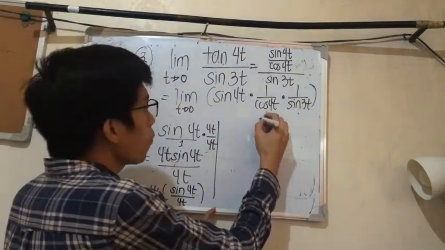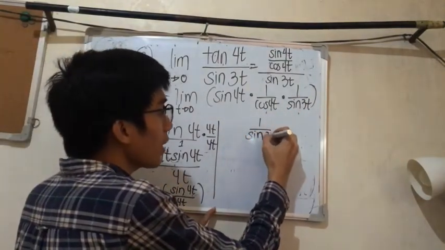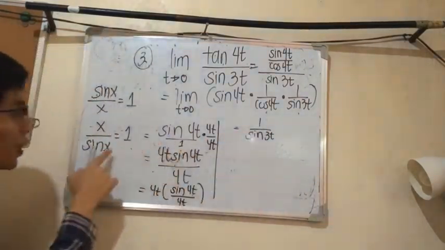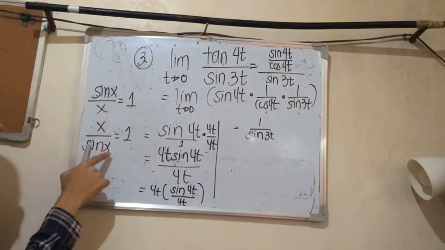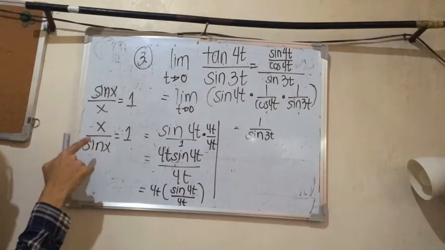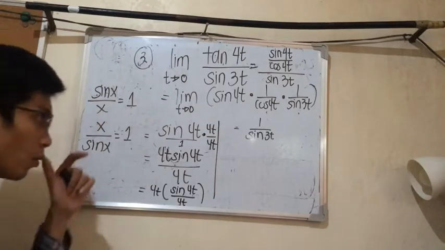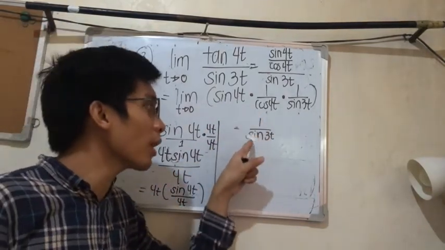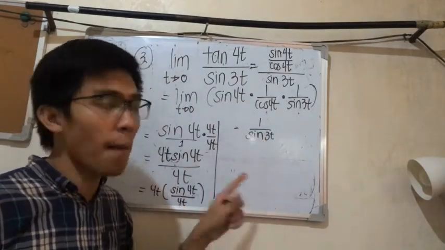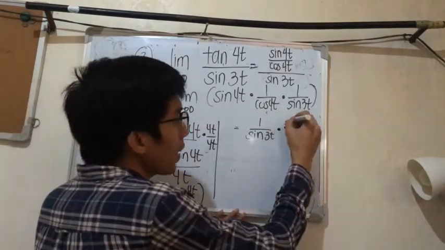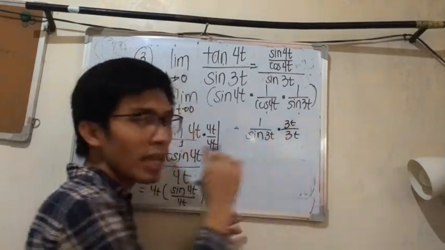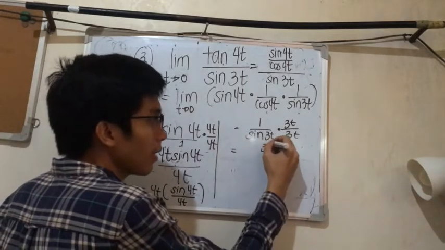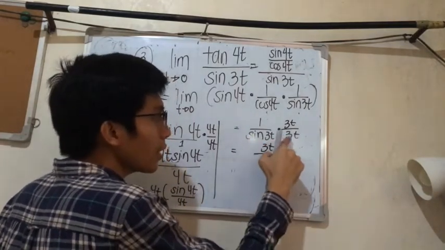What you are going to simplify is this one. This is 1 over sine 3t. As you can observe, we are able to use this theorem, the same as theorem number 1. What do we need in our numerator to make it equal to the inside function of your sine? Meaning, you have to multiply 3t over 3t, both numerator and denominator. The same thing, it will become 1 times 3t, that is 3t, over sine 3t times 3t.